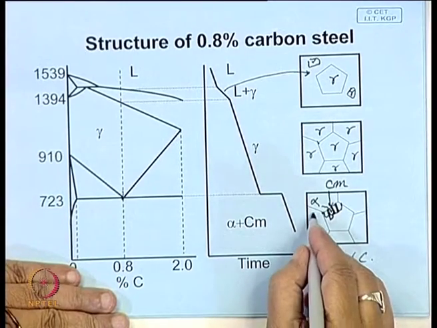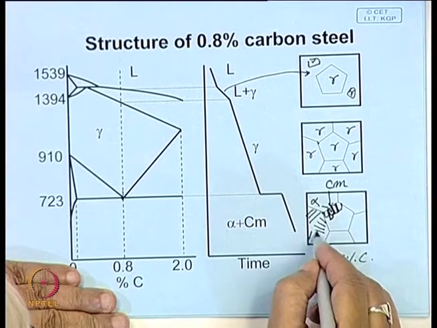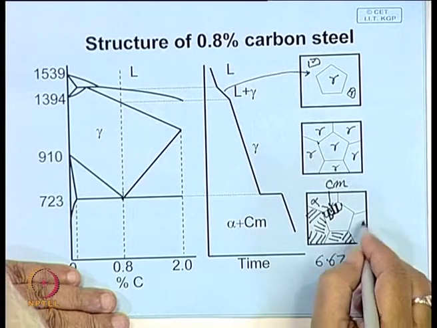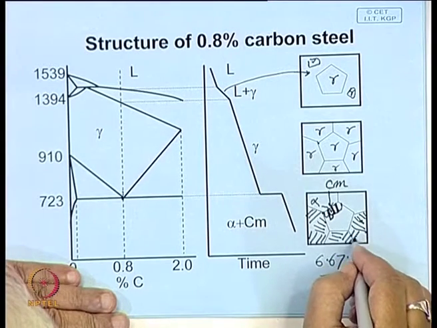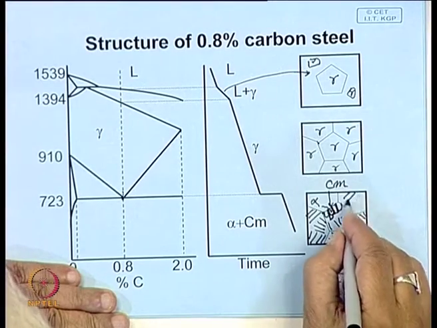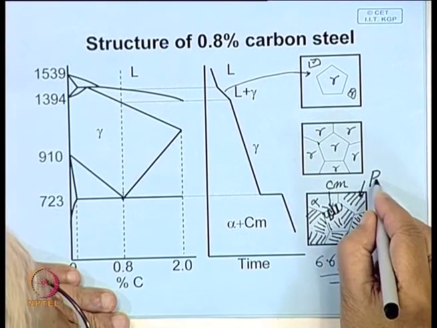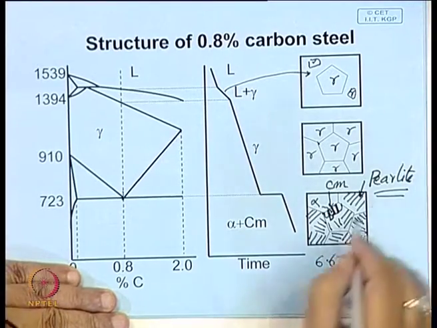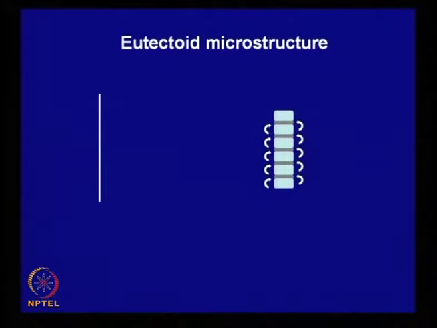Ultimately, the entire area gets converted into this type of lamellar eutectoid structure. This type of structure is called pearlite, a lamellar structure.